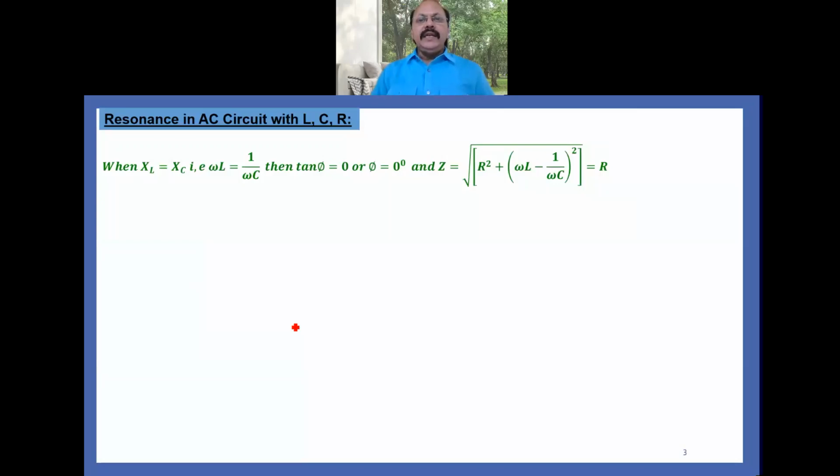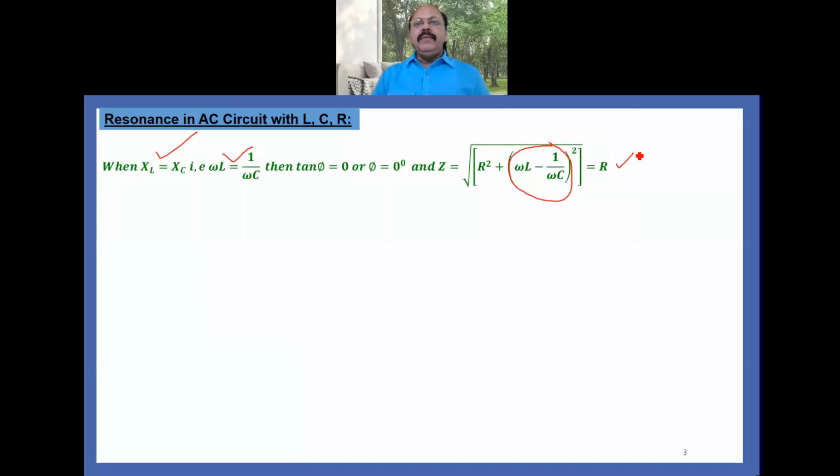Then the impedance of the LCR series circuit becomes Z equal to under root R square plus omega L minus 1 upon omega C whole square, and this factor becomes 0 in the condition omega L equal to 1 upon omega C. Then you will get Z equal to under root R square, and that is equal to R.